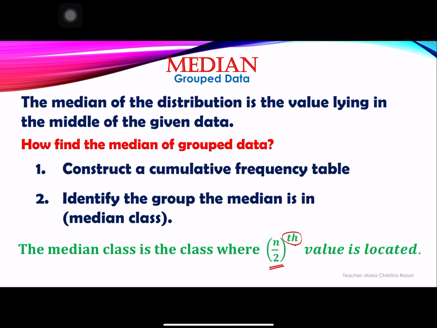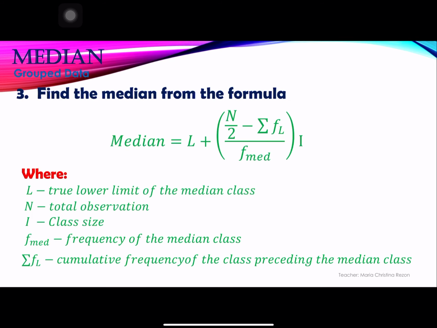And then the third step is to use the median formula, which is median is equal to L plus the quantity of n over 2 minus the sum of f sub L, all over f sub med, times I. So let's identify what all these symbols are.